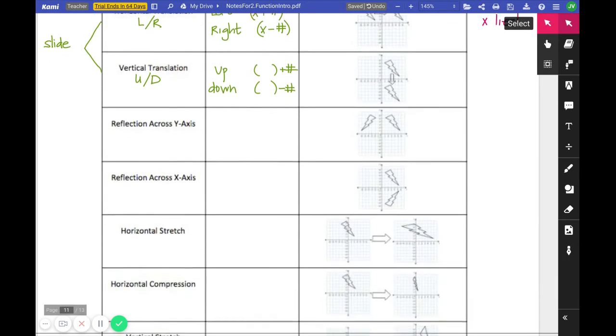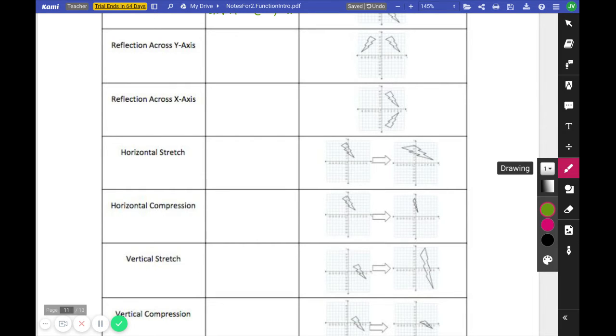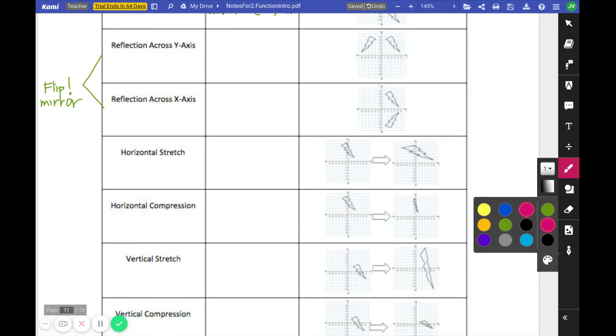Okay? If I keep scrolling. Reflections, right? Reflections, we think of a flip. In other words, we make a mirror of our picture. Now, across the y-axis, here's the y-axis, and our points flip from one side to the other. When we want to flip across the y-axis, what we do is we make x negative in terms of the equation.